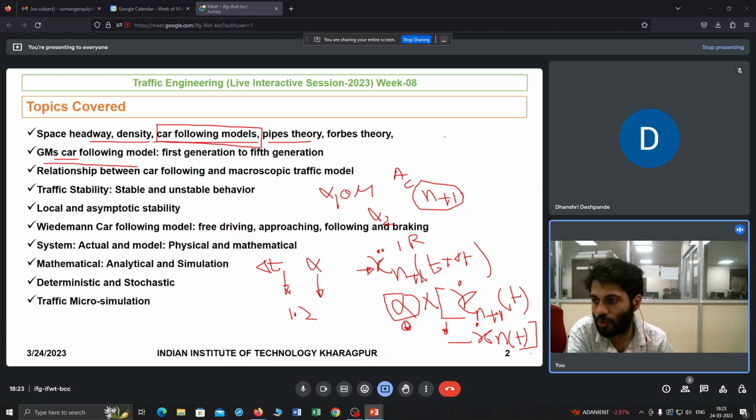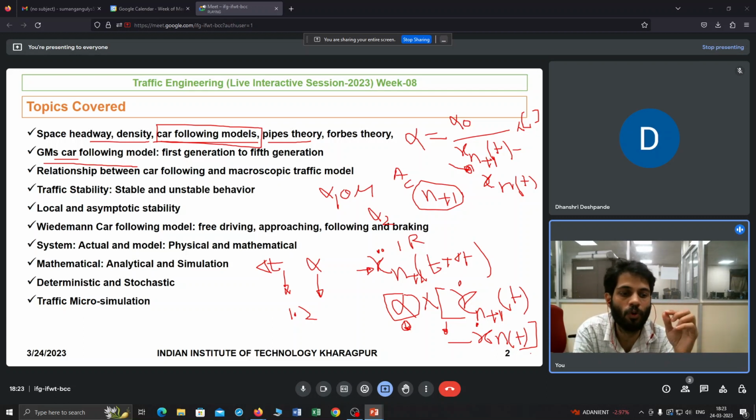So they proposed the third generation model, where alpha equals alpha 0 divided by the space headway, x n at time t minus x n plus 1 at time t. Here the follower vehicle is n plus 1 and n is the leader vehicle. They kept the same relative velocity factor. That is the third generation model. Why is it so important? Because you have already accounted for the space headway.